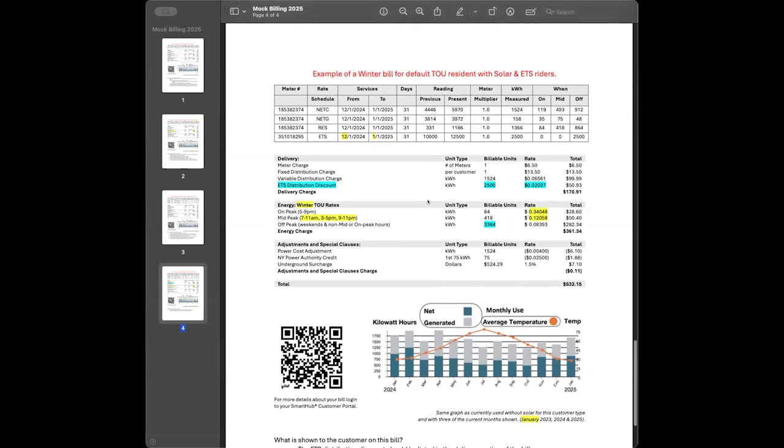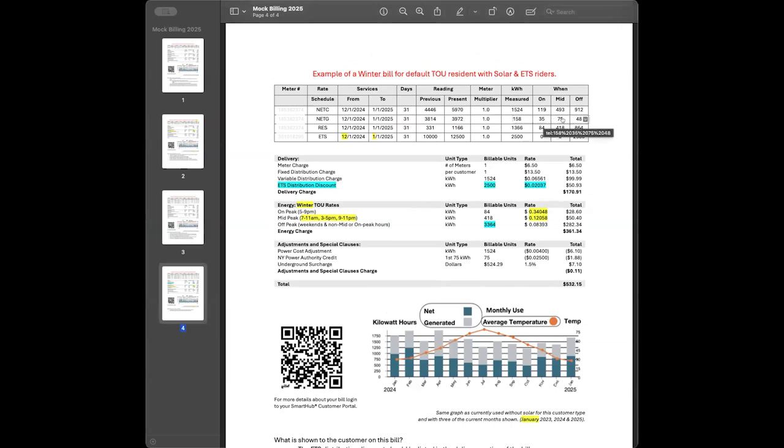So here is a solar customer with ETS. It's this section where you have a table that lists out that month's each meter, what you used. So you can see that you generated 35 kilowatt hours during on peak.